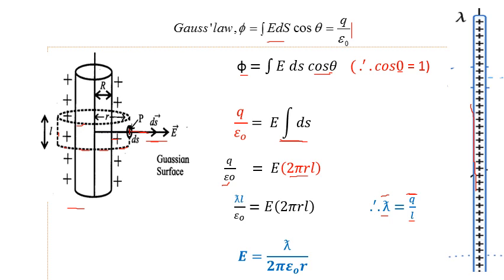That's why if we know charges on unit length, either on 1 meter or 1 centimeter, then by cross multiplication we can find out total number of charges which are on this long wire. That's why we need this lambda.